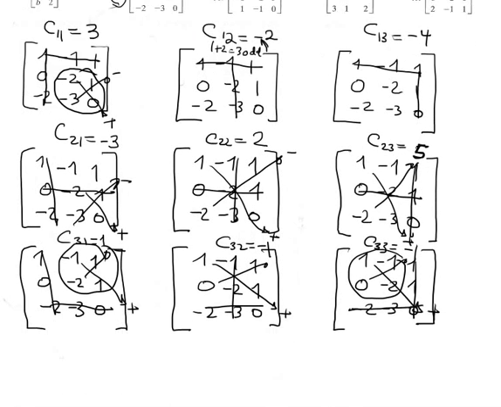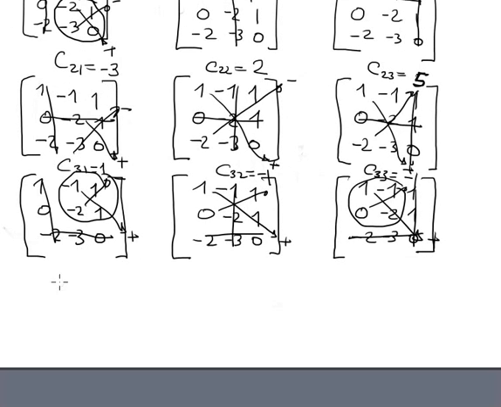Okay. So now the cofactor matrix will be then, cofactor matrix is 3, minus 2, minus 4, minus 3, 2, 5, 1, negative 1 and negative 2.